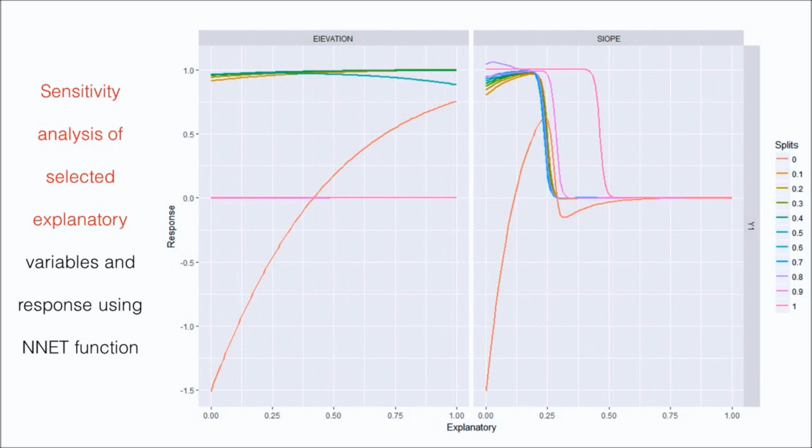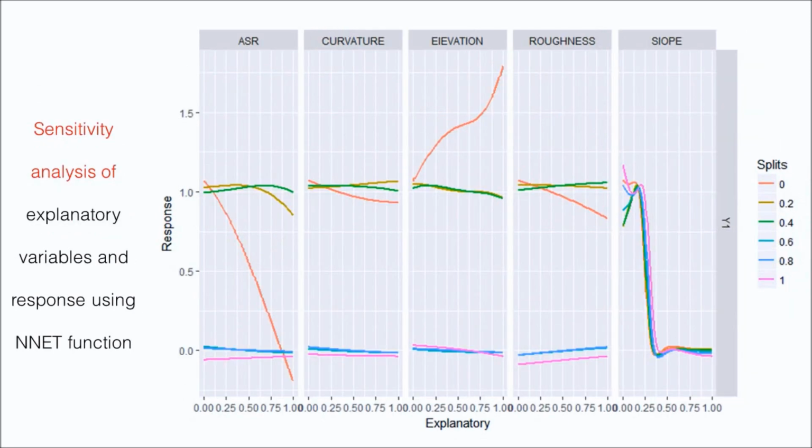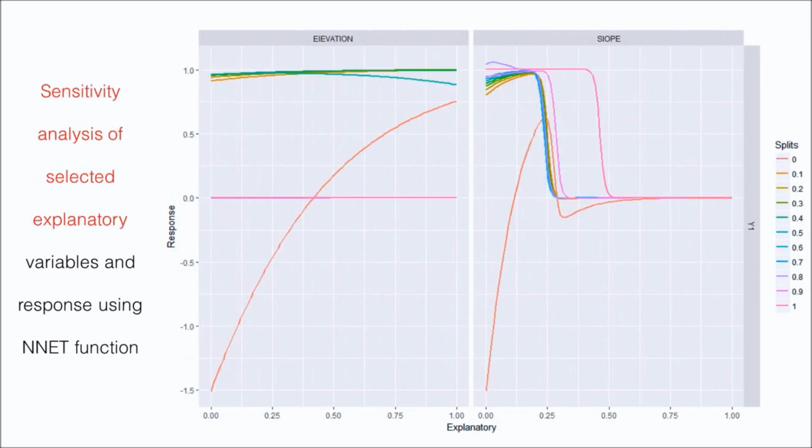And this code is also nice in that you can zoom in more and you can select just one or two factors. Now, if you see that the curvature or the roughness do not have much effectiveness, and you want to choose just the elevation and the slope, you can present them independently. So you can see their behavior in more zoom, and you can increase the scale, the y-axis, and see the behavior more clearly.